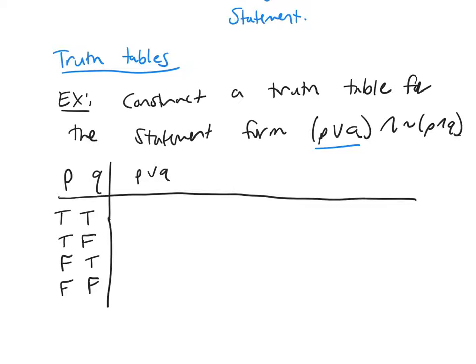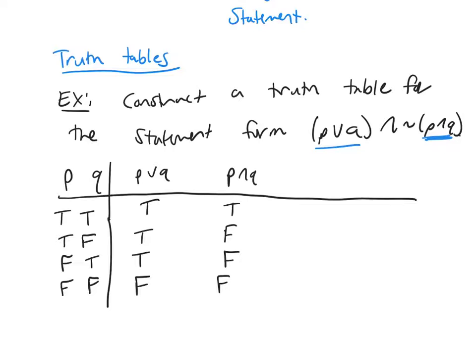And I only need one of them to be true for this to be true. So true, true, true, false. And then I'm going to focus on the second part on the inside of the parentheses. I need P and Q. So now they both need to be true. There's only one time that's true.